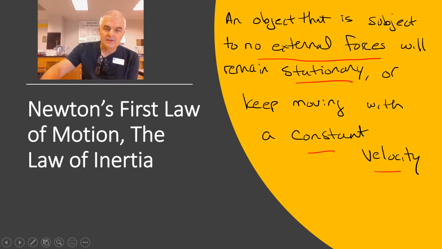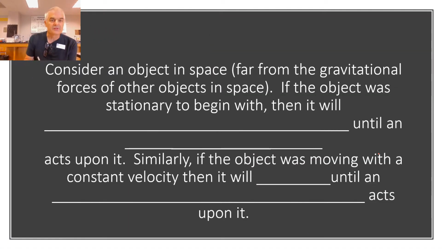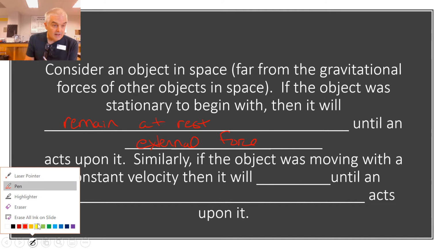Now let's tease this out a little bit. Consider an object in space, far from the gravitational forces of objects in space. If the object was stationary to begin with, then it will remain at rest until an external force is applied or acts upon it.